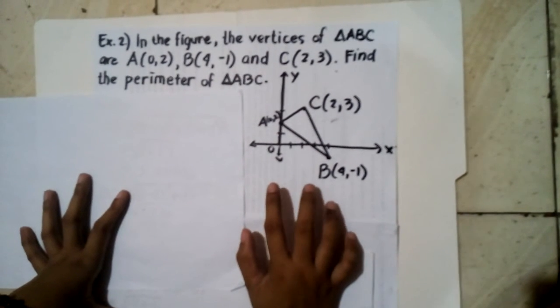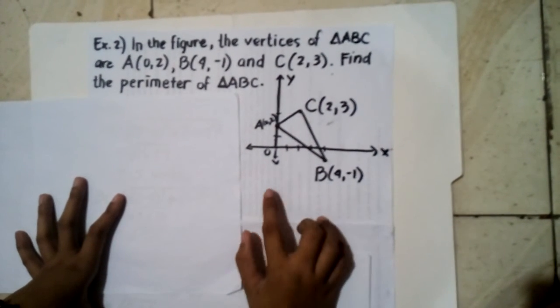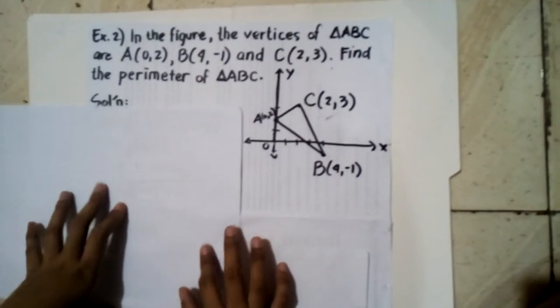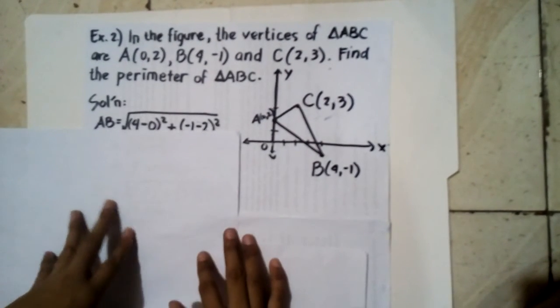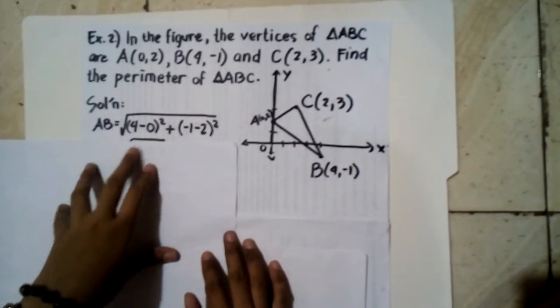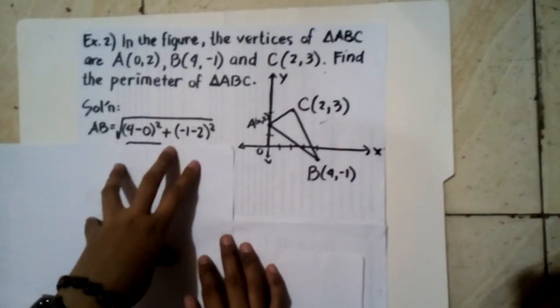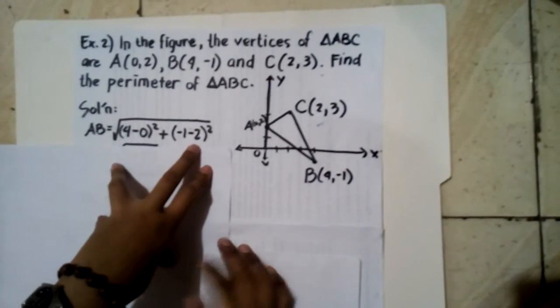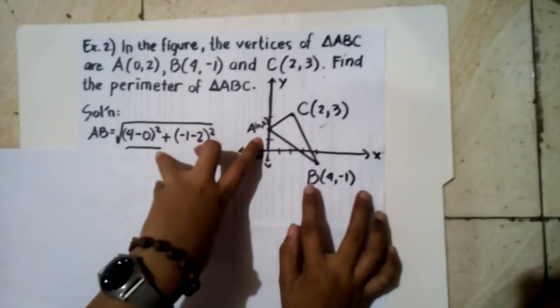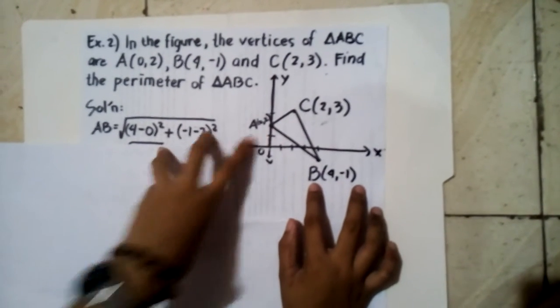So let's have first the distance of AB. By the formula and by substitution, we have AB is equal to the square root of (4 minus 0) squared plus (-1 minus 2) squared. So we use the coordinates of B and the coordinates of A.